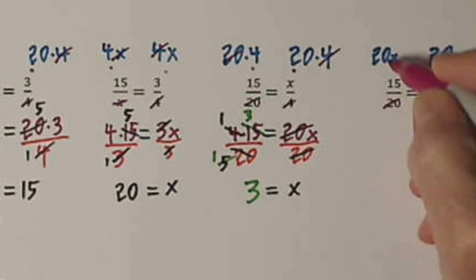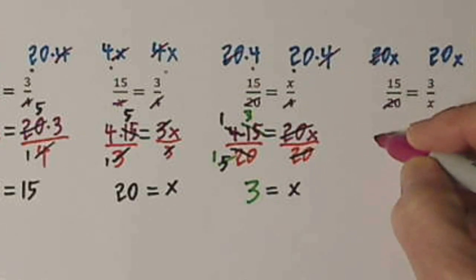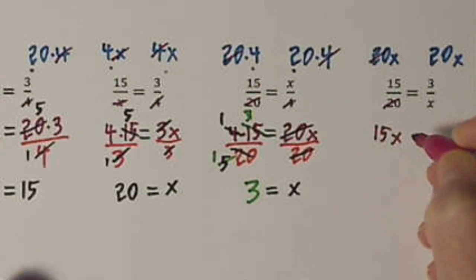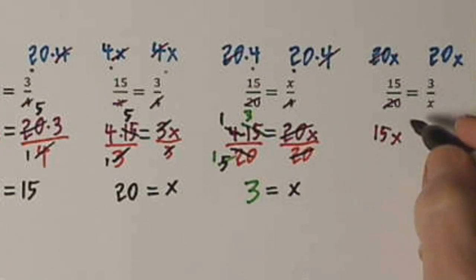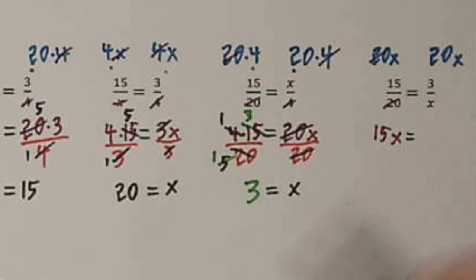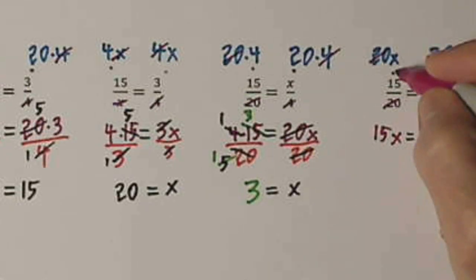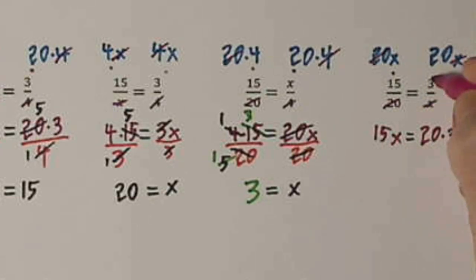So 20 goes into 20 once, and you have 15x. Bring down your equals. x goes into x, and you have 20 times 3. Forgot to show that I was multiplying. That was x times 15 and 20 times 3.